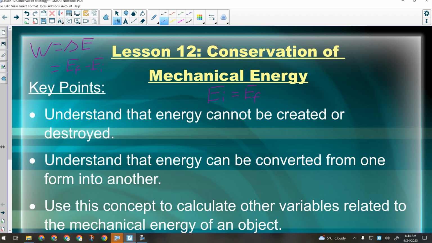Okay? Now, the trick is that these questions give you very similar types of information, and it can be difficult sometimes to tell them apart. So, what are some things, do you suppose, that a work energy theorem question would say or give that might be different from a situation where no work was being done?